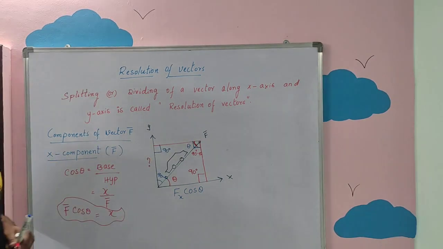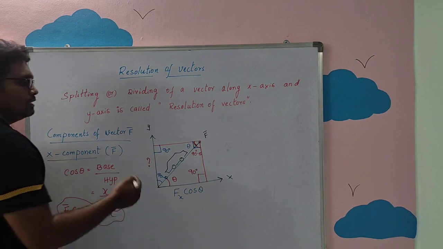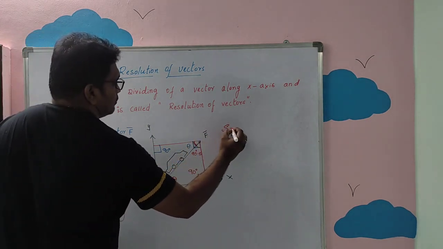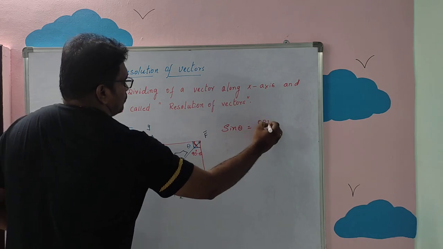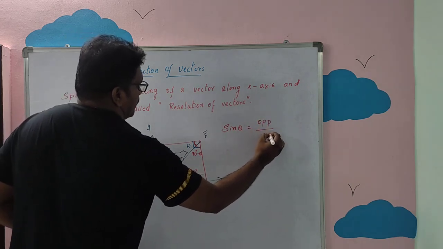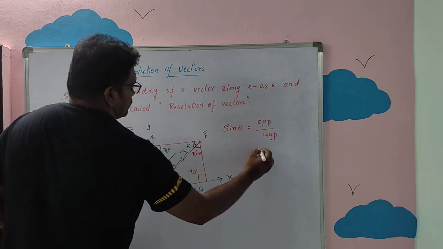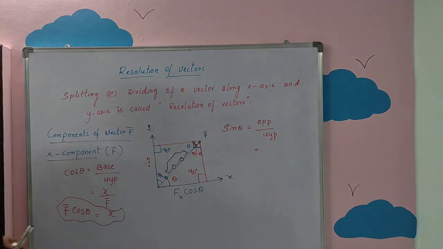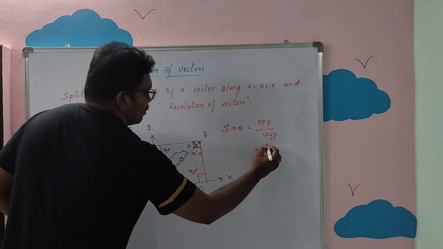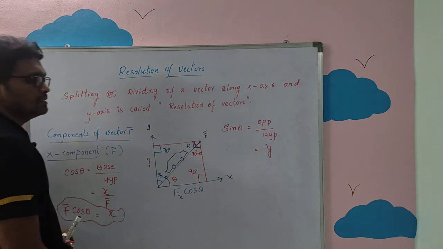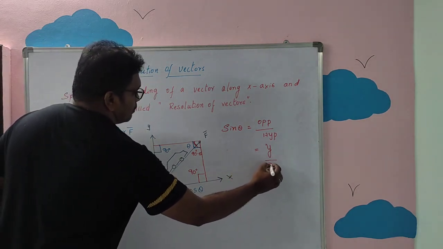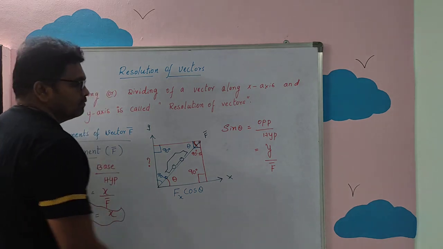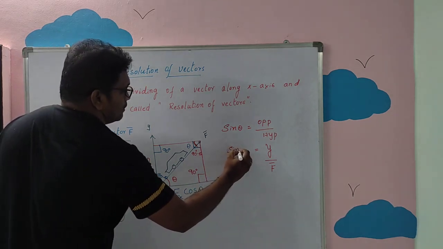Then what is the best formula we use to get it? Sin theta. So, sin theta is equal to opposite side by hypotenuse. The opposite side, along the y direction, we take as y, by the hypotenuse, our force vector F, equals sin theta.